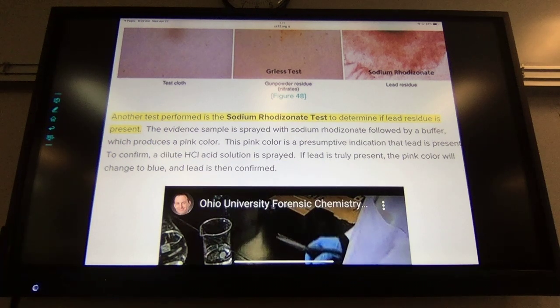The second test for you to write down in number 7, it is looking for the presence of sodium rhodizonate. I guess it's pronounced rhodizonate. And they're looking for lead residue.